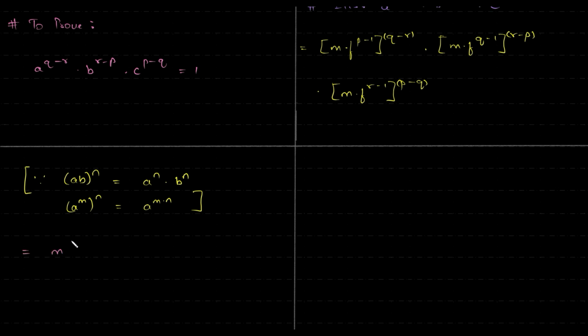So M to the power of Q minus R into F to the power of (P minus 1) into (Q minus R). Be very careful, we have to put it in brackets. Then we have M to the power of R minus P into F to the power of (Q minus 1) into (R minus P), into M to the power of P minus Q into F to the power of (R minus 1) into (P minus Q).